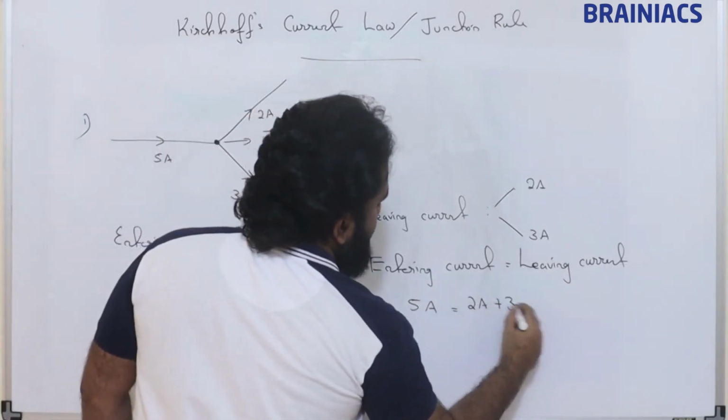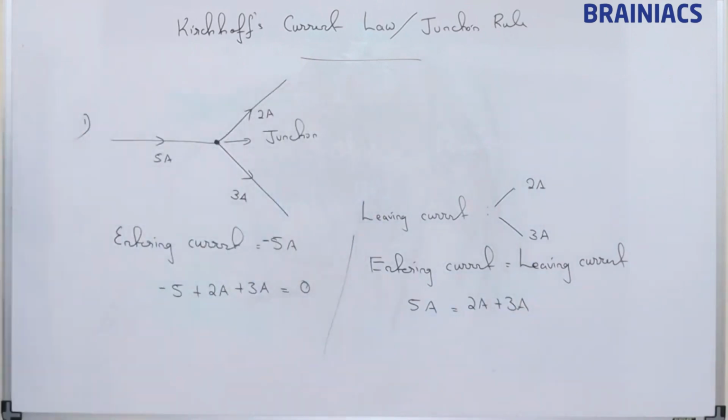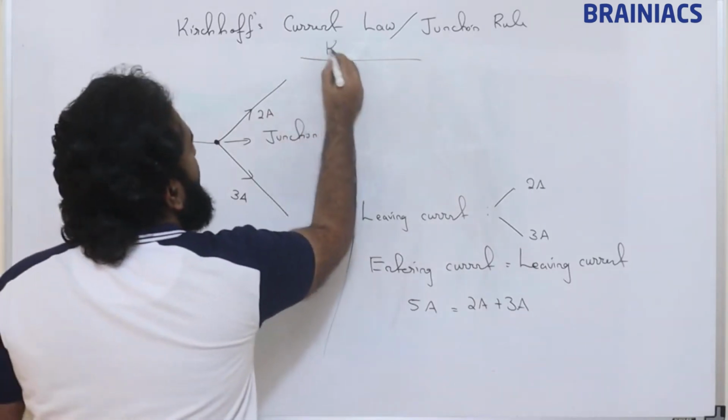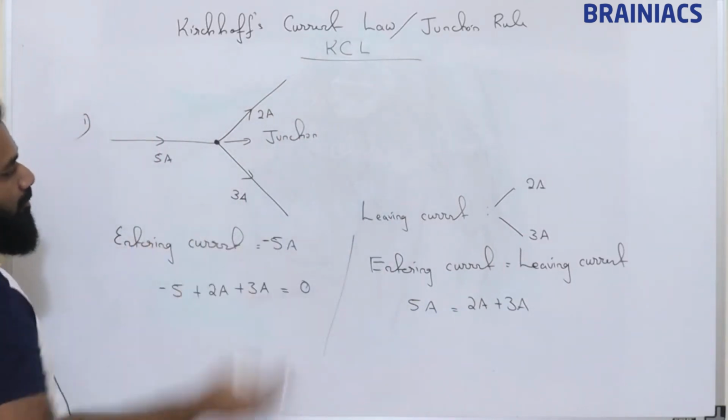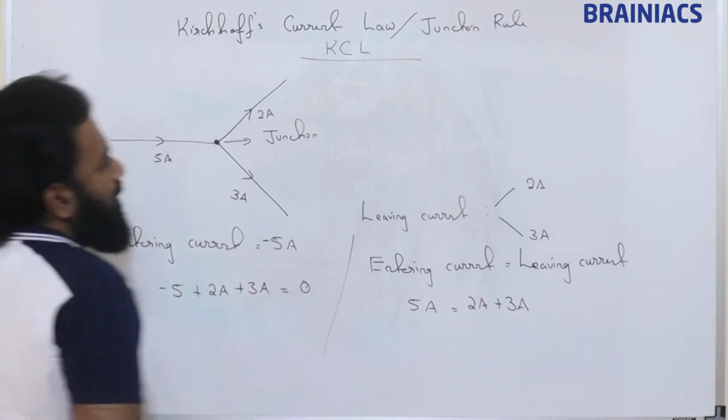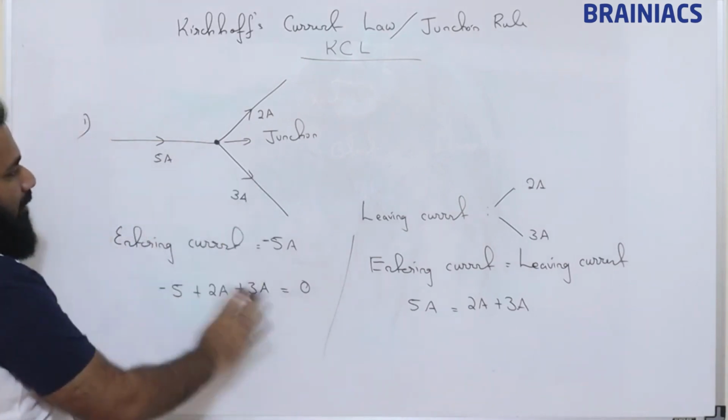Clear? That is what Kirchhoff's current law or junction rule is. In short form we say KCL. KVL, Kirchhoff's voltage law, is another one. Clear? This is just by putting values.